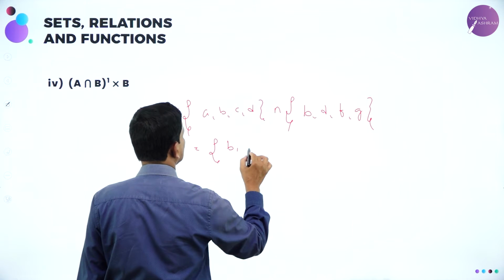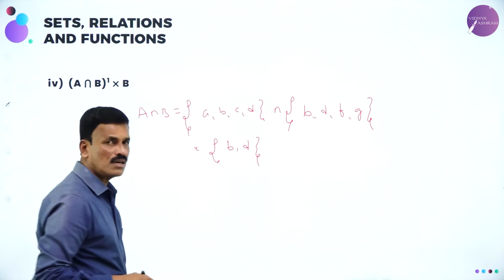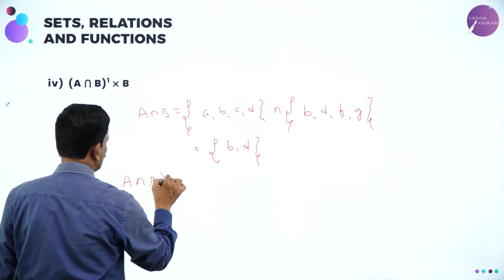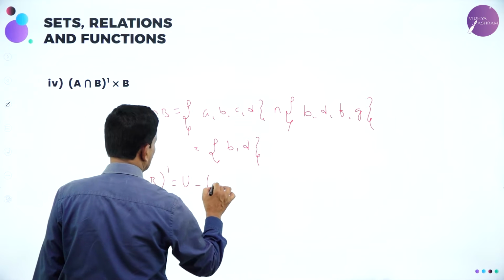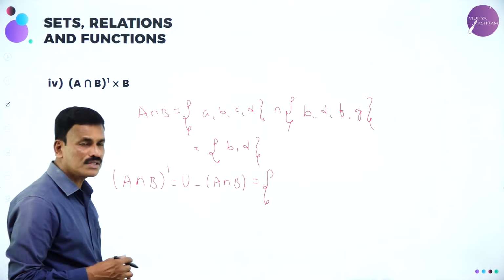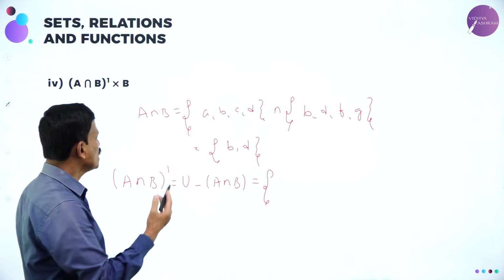B and D. Now what is to find? A intersection B whole dash is nothing but U minus A intersection B. All the elements which are in U but not in A intersection B, except B and D.